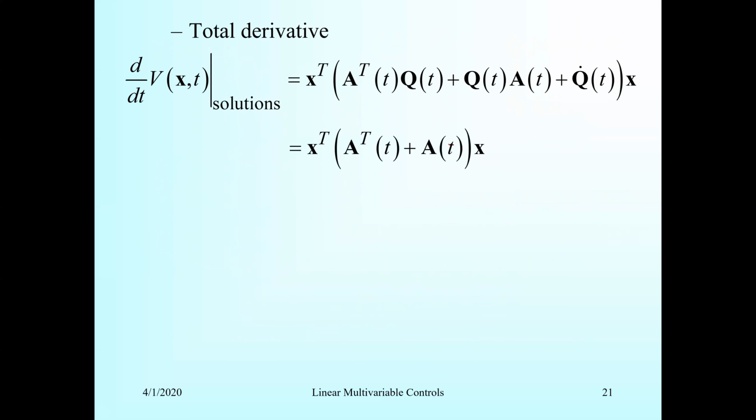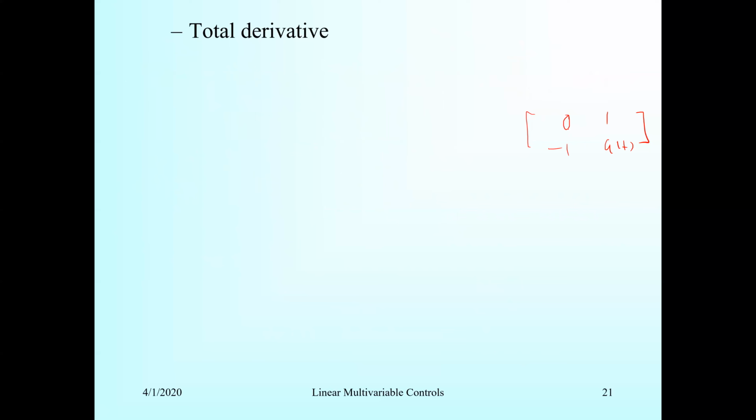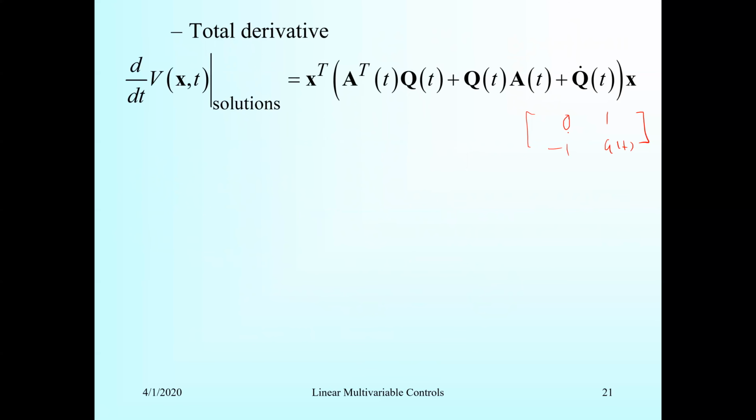So the total derivative, we end up with this, and Q is I, remember. So then we have x transpose times A transpose(t) plus A(t). So in this case, remember what is my A? It's minus 1, 1, A(t), okay? I think this is 0, is it? Yeah, it's 0.